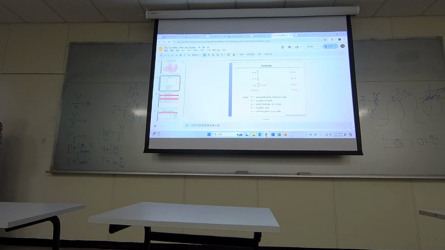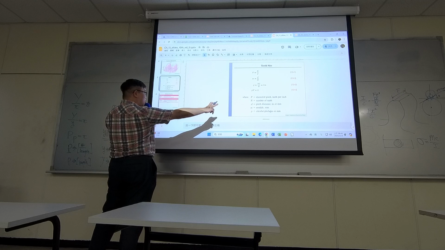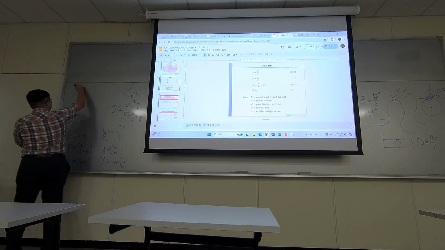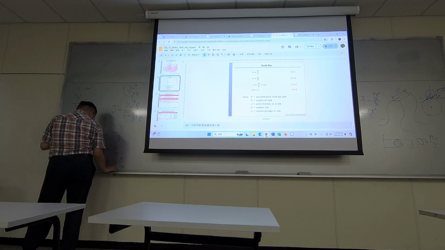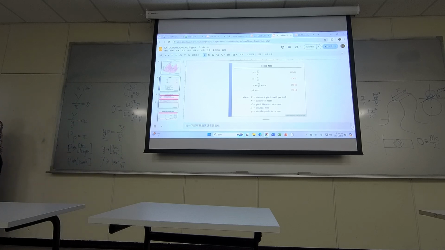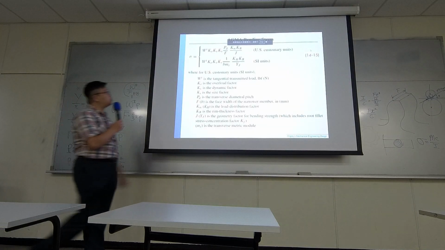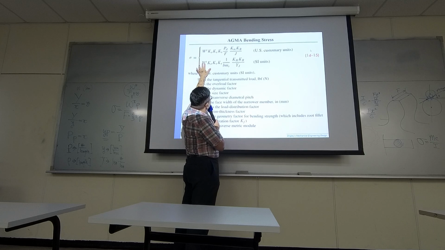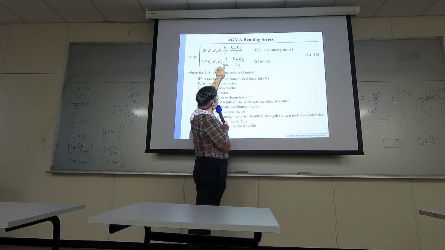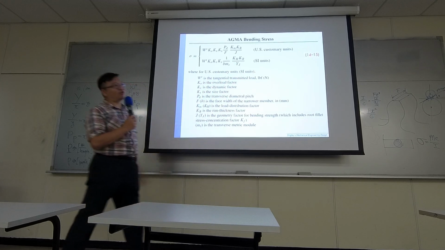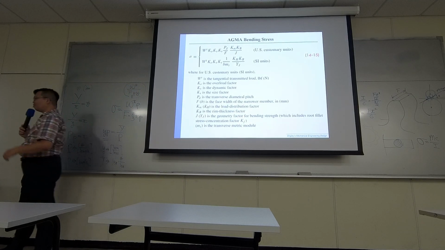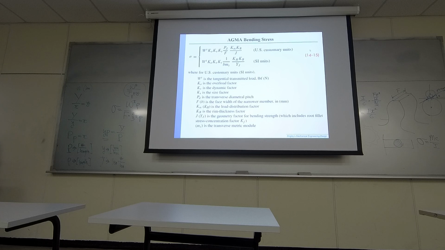Does module have dimension? Module has dimension. Module is the dimension in length. Right? So if you go back and check on the gear equation, it's still force over length times no dimension. So it's still force over area. All the other multipliers are just correction factors.